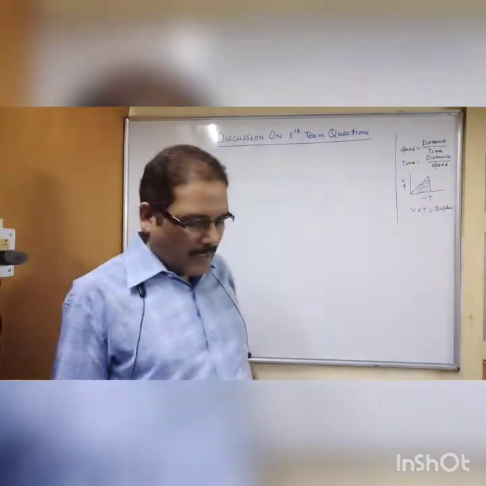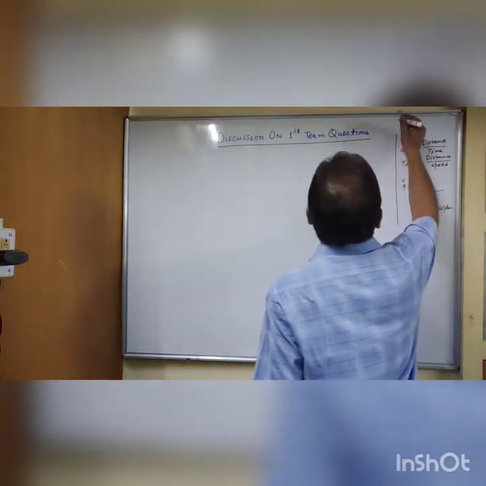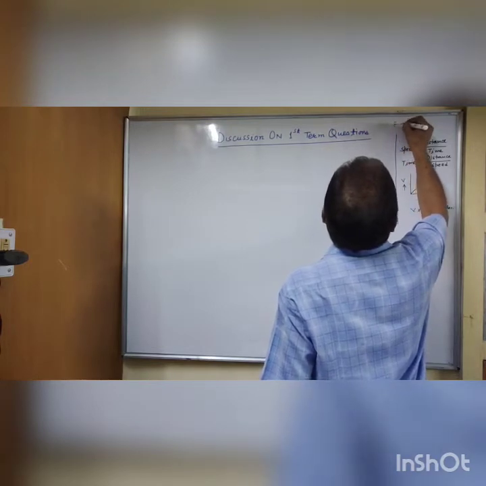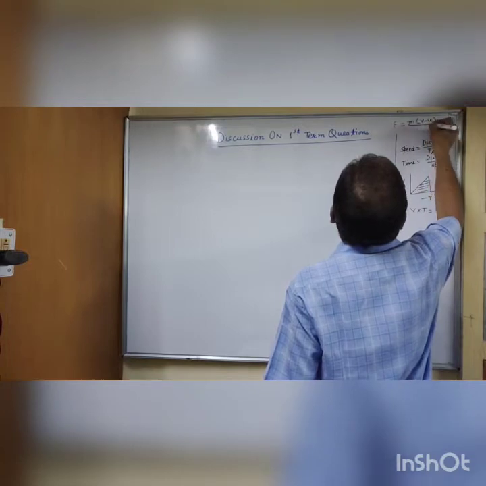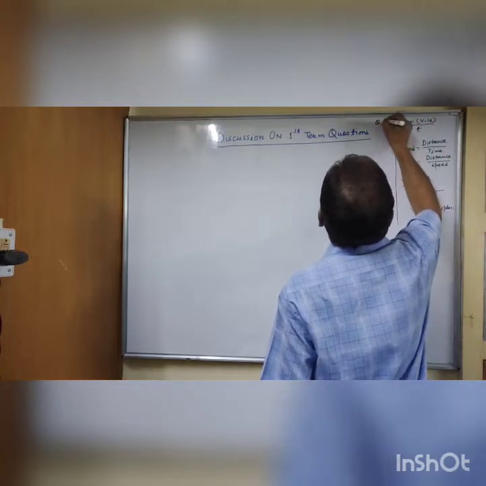But children, you can directly use this formula, F is equal to m(v minus u) by t, for question 8.